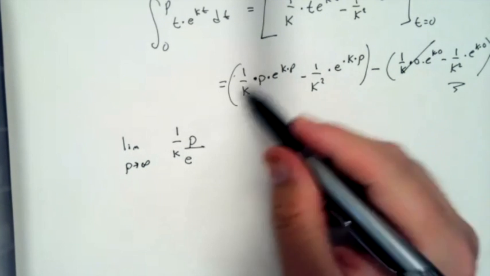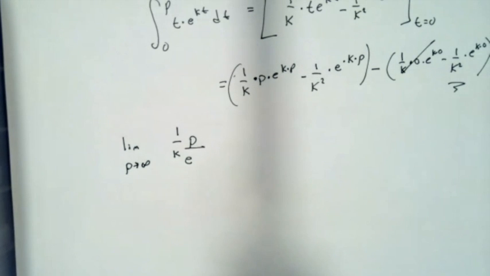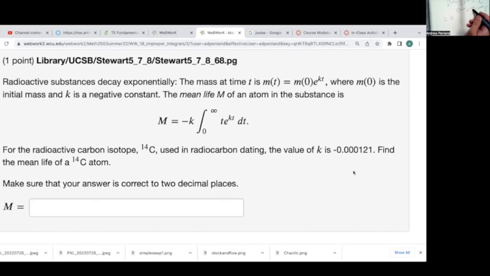Basically what happens is p goes to infinity. Because of the specific value of k that we're working with, which is negative, both of these limits become 0, because you're looking at e to the negative 0.000121 times p, and as you take the limit as p goes to infinity, that exponential becomes 0, and it wins the race against p. That and that and that all go away.